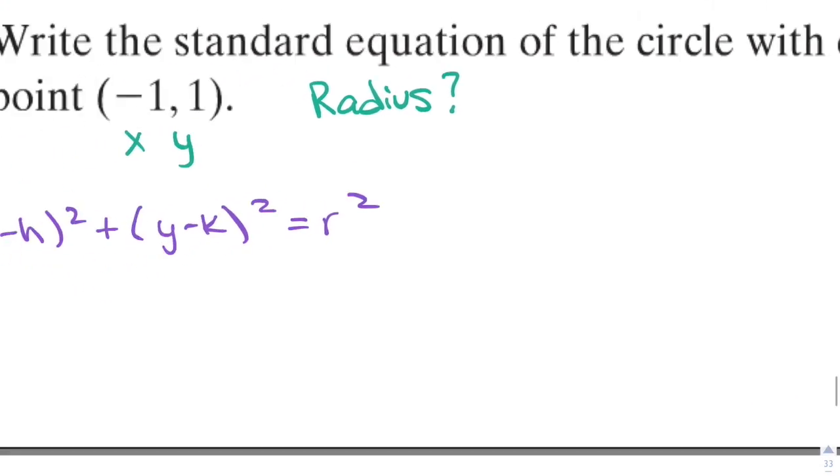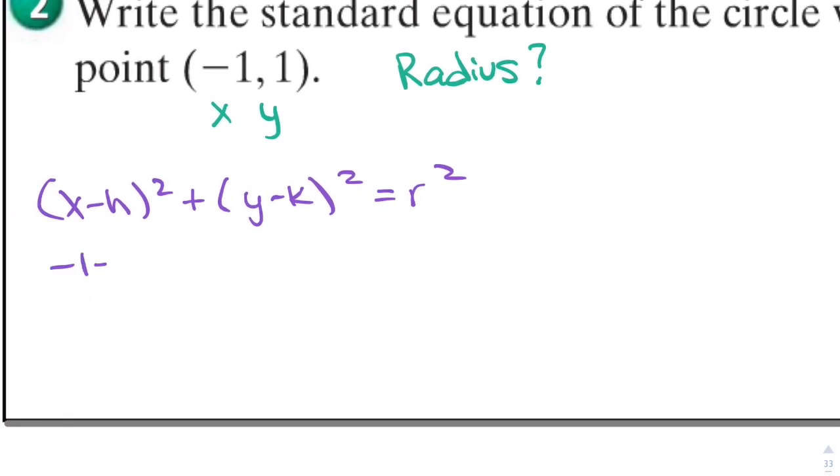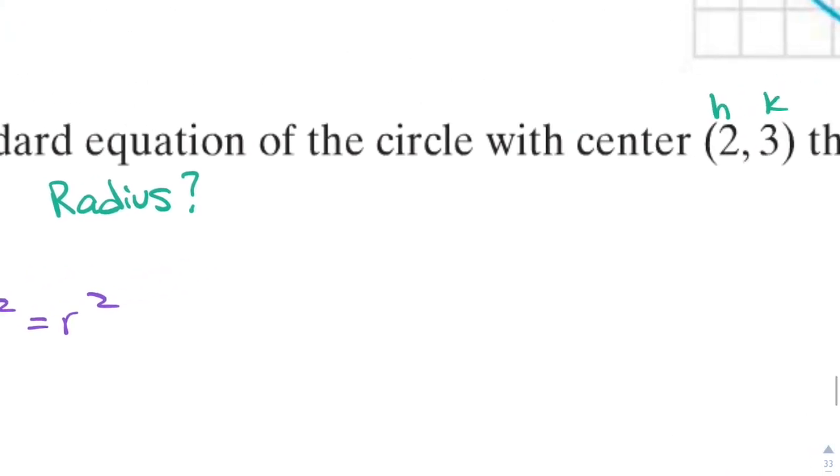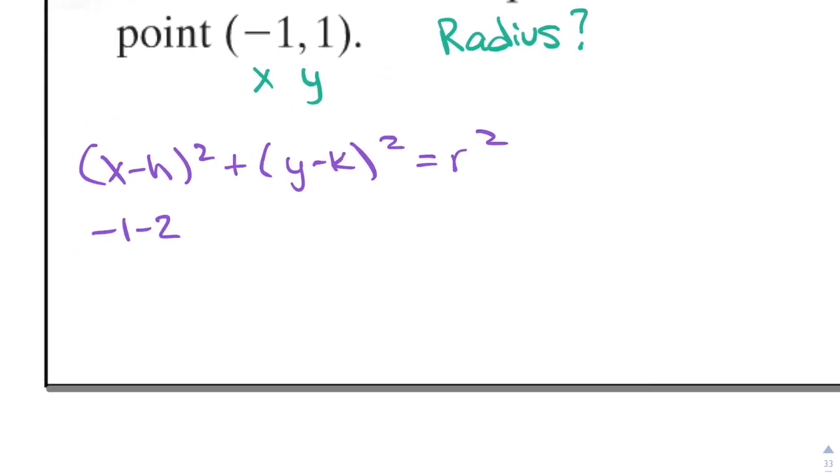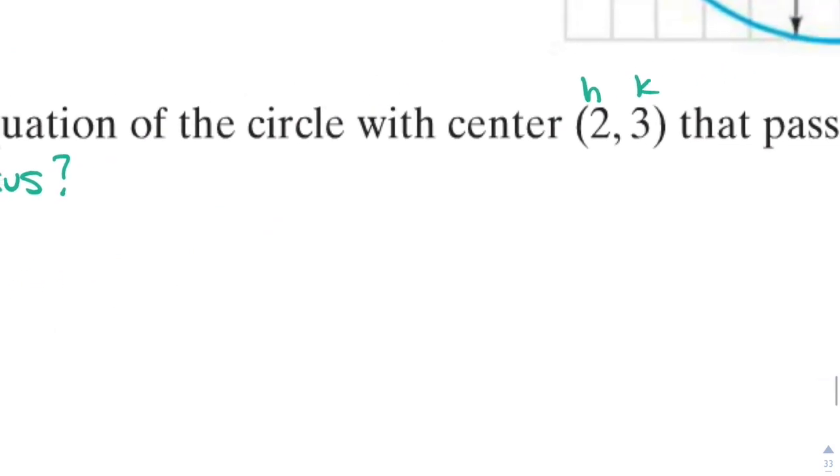So x, I get negative 1 minus 2. Is that what that is? 2? Yep. Negative 1 minus 2 squared plus, I'm getting sloppy, I'm sorry, and then y is 1 minus k, which is 3.